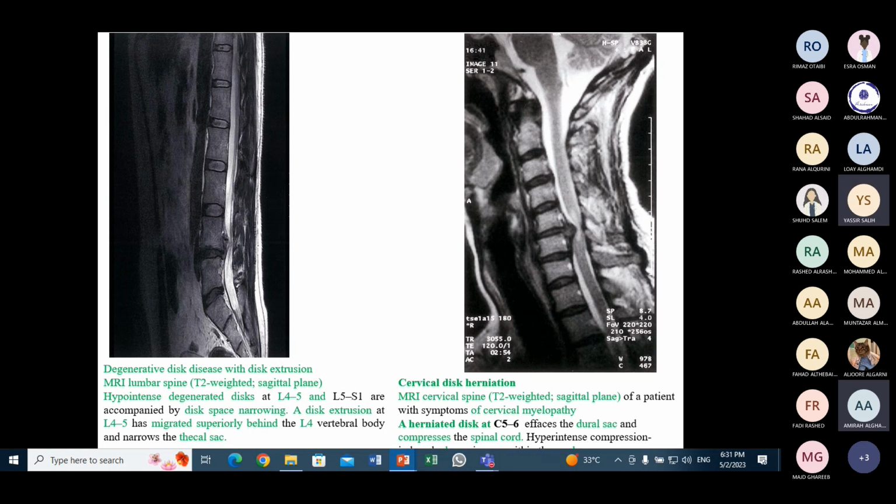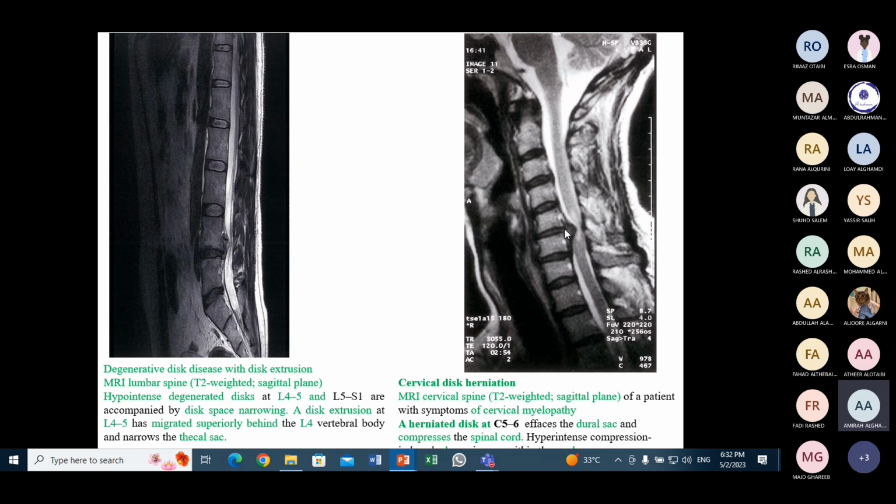What do you see? Hypointense in the disc. Yes, the disc. You can see this disc is herniated.